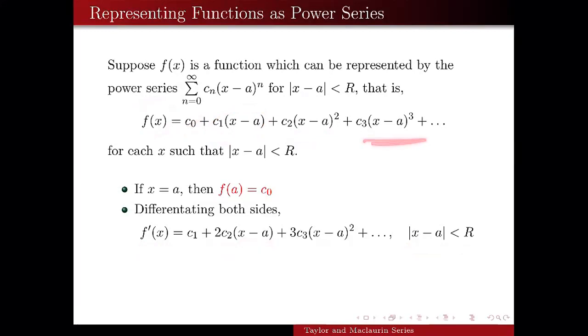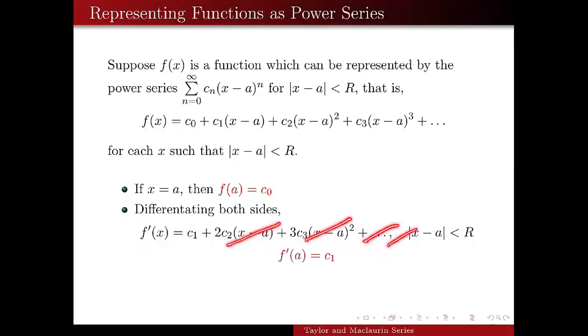Here, after differentiating, we will have 3c3 times x minus a squared. So we are just using the power rule, and so on and so forth. We will have the next term here, 4c4 times x minus a to the power 3, etc. And then, if we evaluate the derivative at x equals a again, of course, this will disappear.